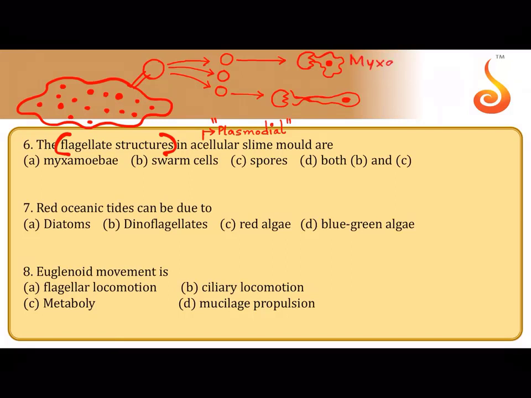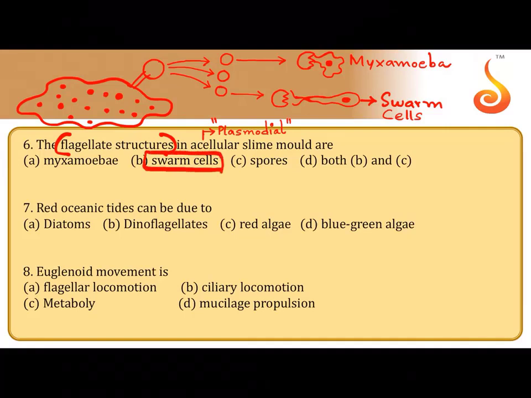These are referred to as mixed amoebae, or simply mixed amoeba, singular, and these are referred to as the swarm cells. Did you understand what I'm saying? So swarm cells are the answer to this question, because they are not talking about these amoeboid cells, they are talking about these flagellated cells.